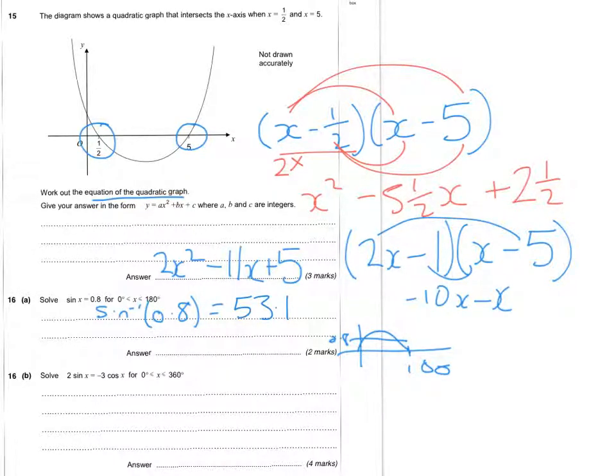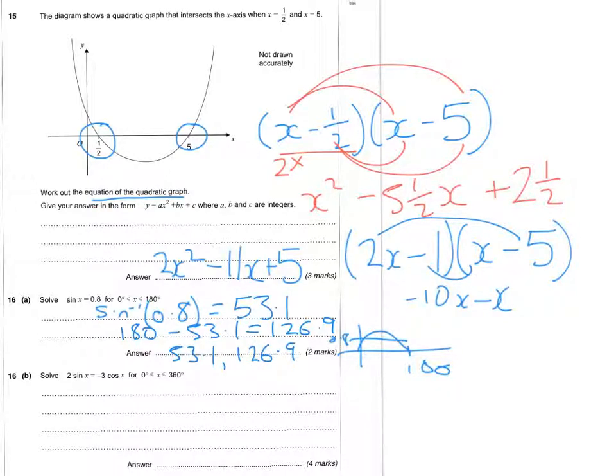By symmetry for my graph, my second solution is 180 minus 53.1, so that is 126.9. It doesn't state an accuracy, so 53.1 and 126.9.